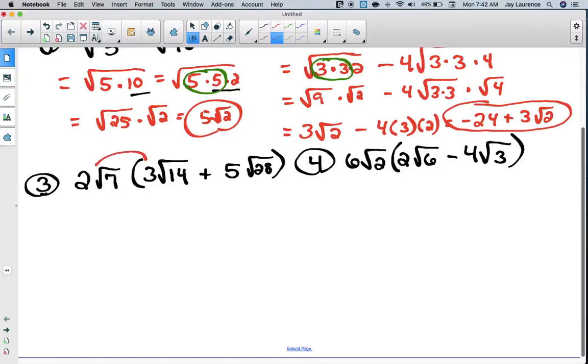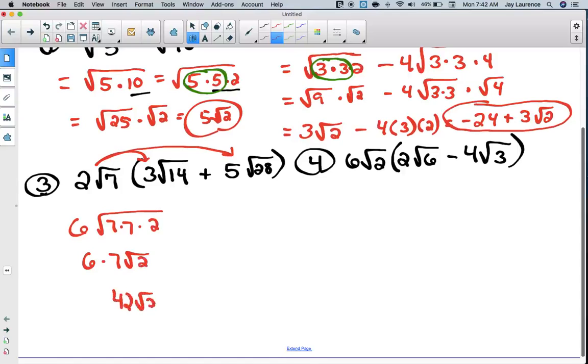So I'm going to distribute here and here. And so I'm going to do 2 times 3 and get 6. Now I'm going to have a rad 7 times a 7 times a 2, right? And so that's going to be 6 times 7 rad 2, or 42 rad 2. And I've only done the first multiplication.